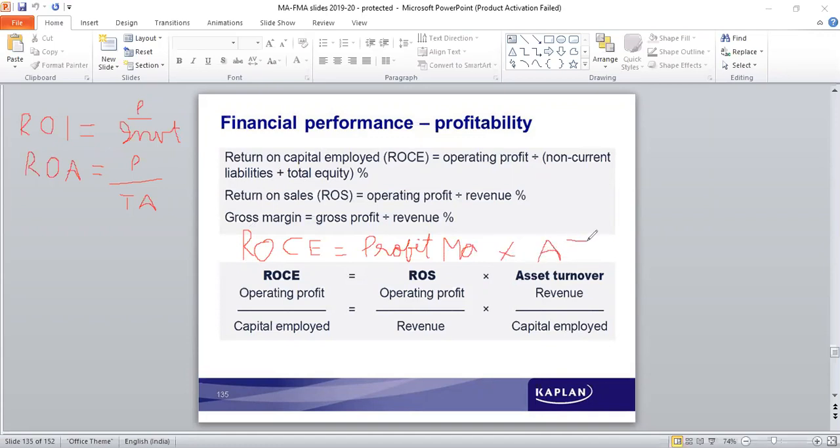So when it is presented in two different things, that is, it is split into two different parts. The first part of it talks about what is the percentage of profit which they have earned. Sometimes by charging a higher selling price also, the sales value can be increased. By selling more number of units also, sales value can be high. So there are two ways in which the sales value can be high, either by increasing the selling price and making more profit, or by selling more number of units and increasing the sales.